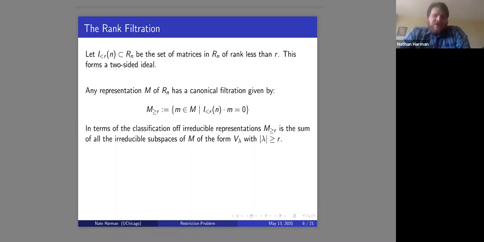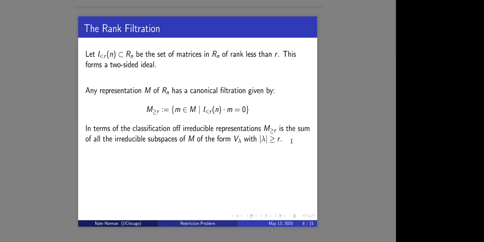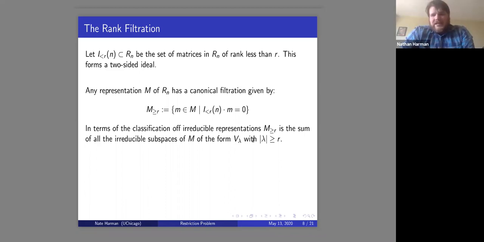Really, combinatorially, all this is doing is taking these irreducible representations V lambda and picking out the ones of each size. So this rank filtration exactly corresponds to the size of the partition, a statistic that we would think of combinatorially.